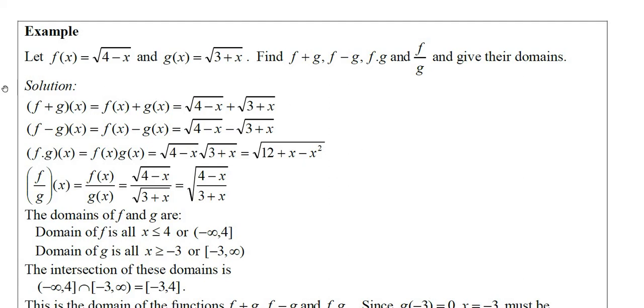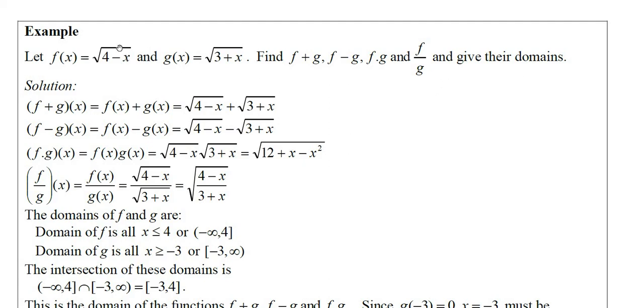I think we can just go here now and look at what is going on. So here it says if f is the square root of 4 minus x and g is the square root of 3 plus x, find f plus g, f minus g, f times g, f over g, and give their domains. Okay, so we need to talk about the domain. So I'm going to first explain, and then I will go to Jamboard again and do ones with you.